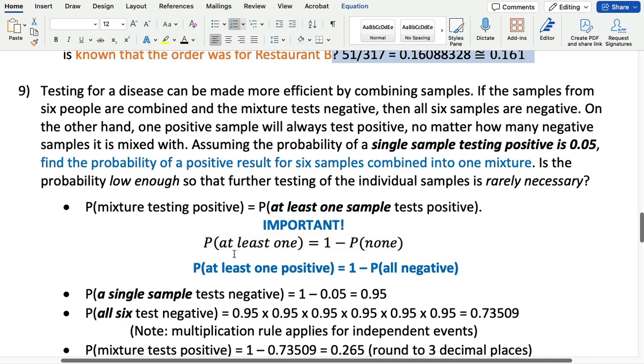The probability of at least one is equal to 1 minus the probability of none. Sometimes the probability of none is easier to calculate than the probability of at least one, so we use this fact. In other words, the probability of at least one positive result is equal to 1 minus the probability that they are all negative.